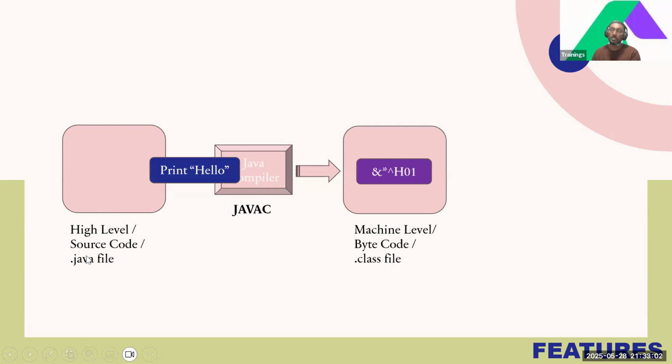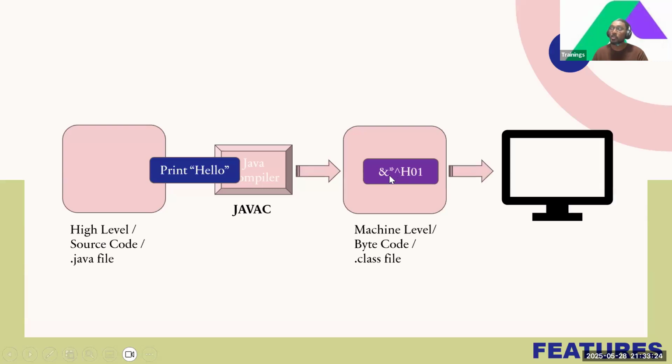It converts your high level language into machine level language. Now this machine level language is understandable by anyone. If I give it to the machine, the machine will understand this language and it will print help.